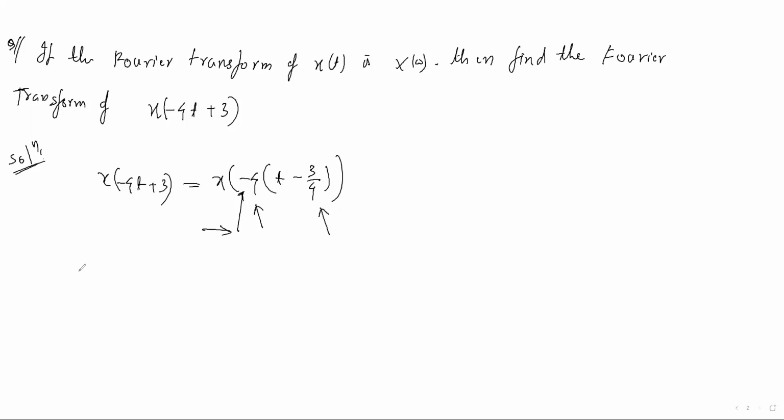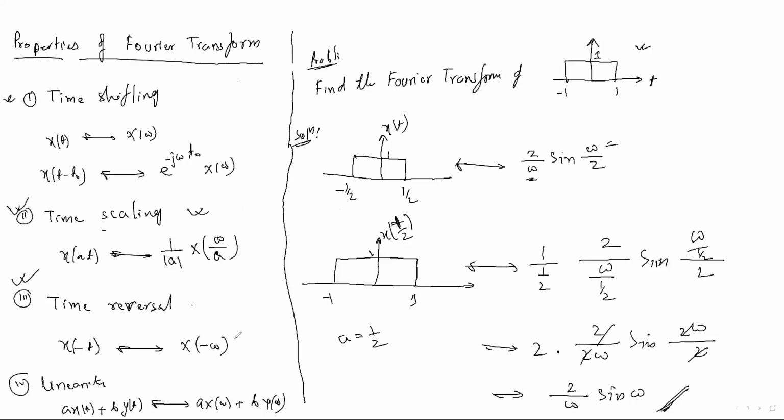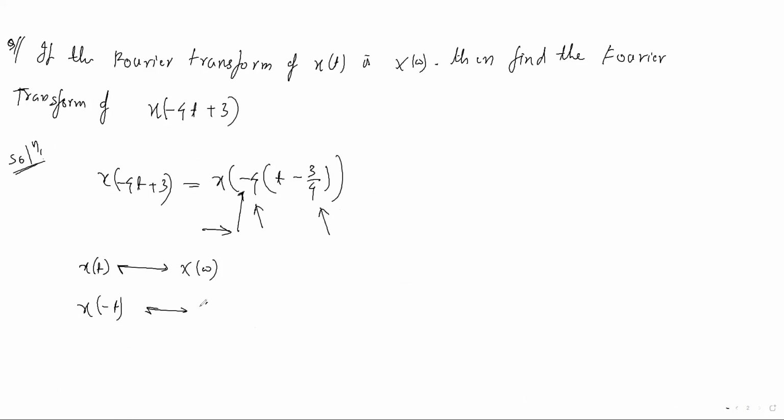So come first with time reversal. We know the Fourier transform of x(t) is X of omega. What will be the Fourier transform of x of minus t? If you see the properties, here omega will become minus omega, so X of minus omega, okay.